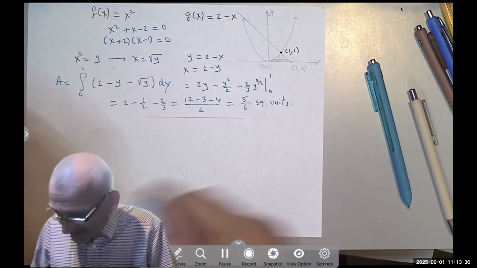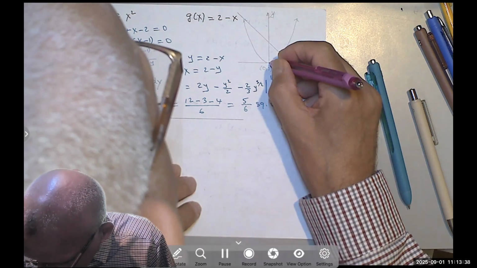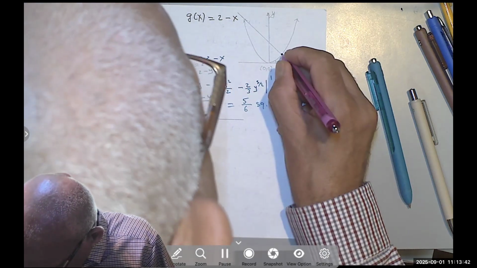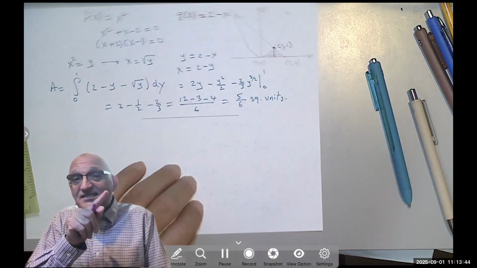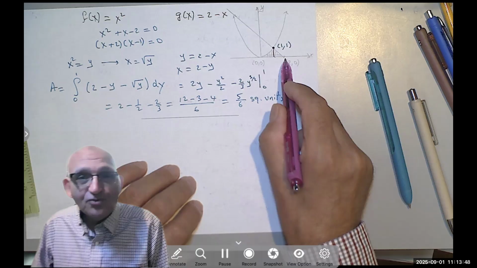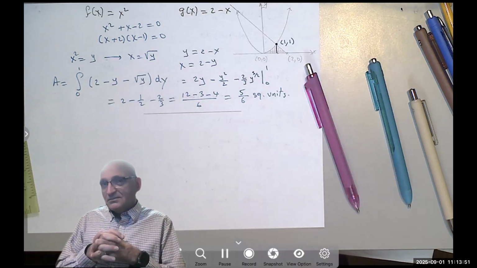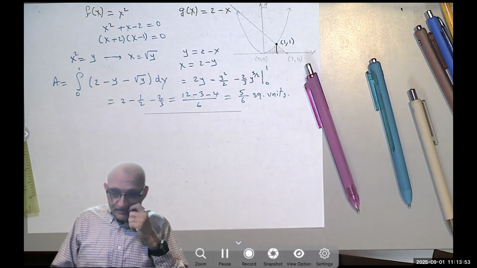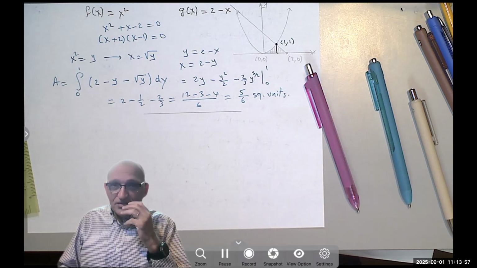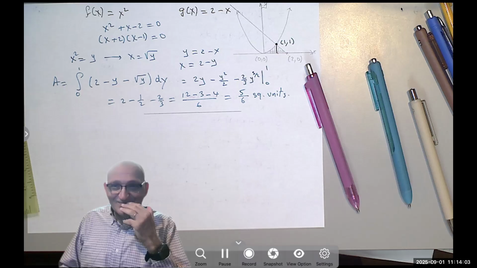Do you see that I can say it's the area under the parabola from 0 to 1 plus the area under the straight line from 1 to 2? Do you see that? If you see it, then I have a surprise for you. Do you know what surprise it is?